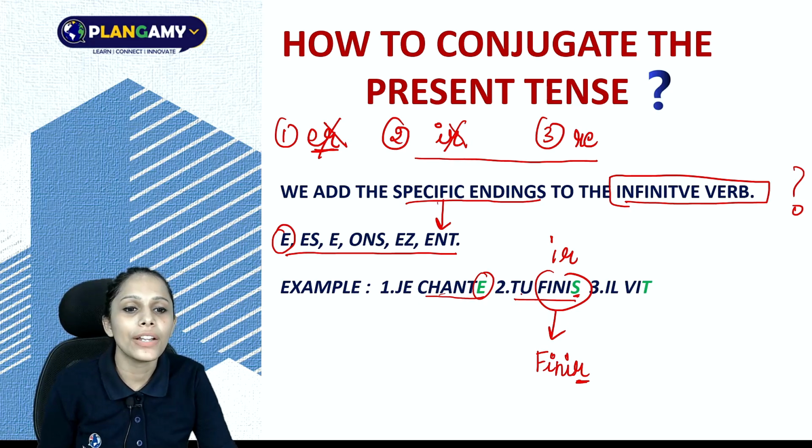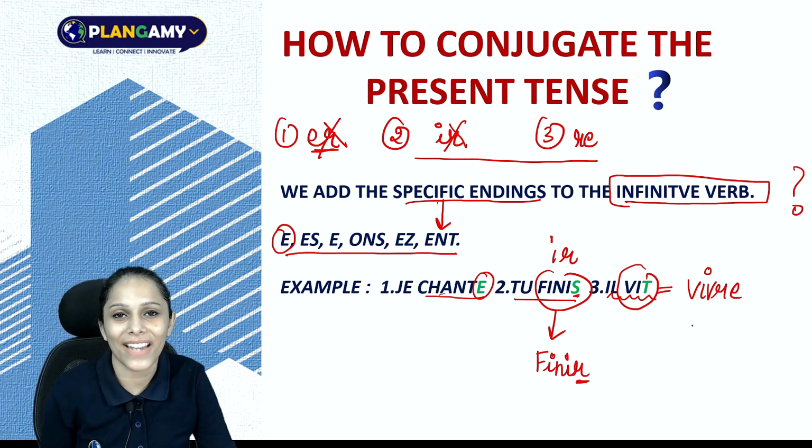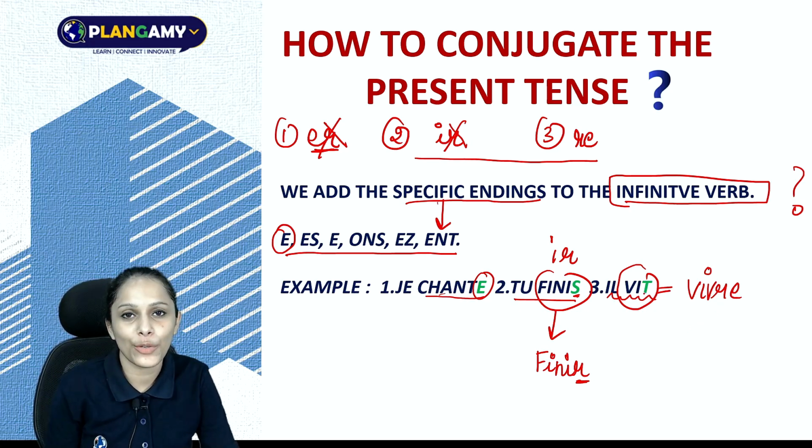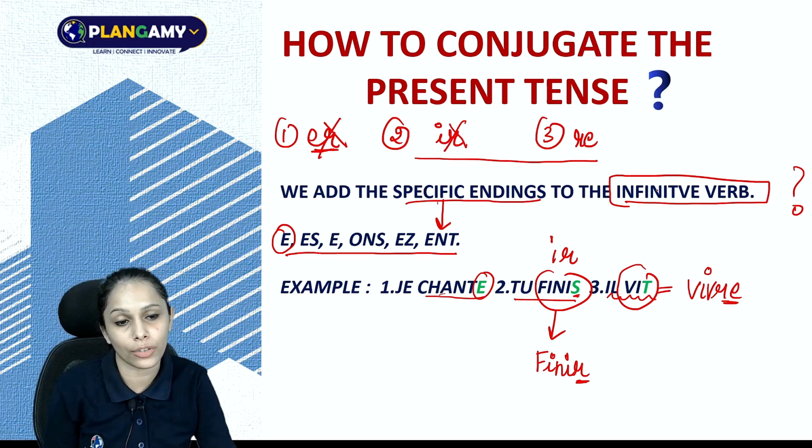Now, here the third example, il vit. Again, let's take its infinitive form. So it is V-I-V-R-E. So it is vivre. That means to live. Il vit means he lives or he is living. Now, this belongs to the third group of verbs, that is RE group of verbs.